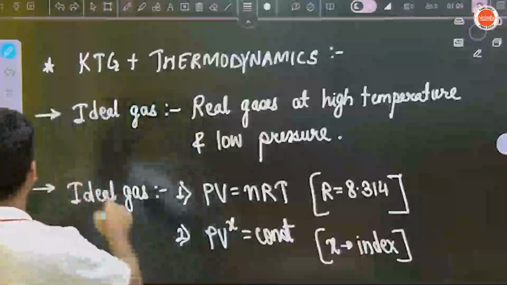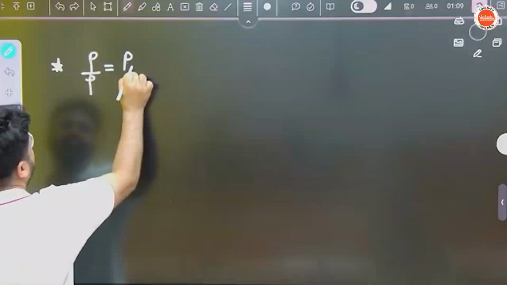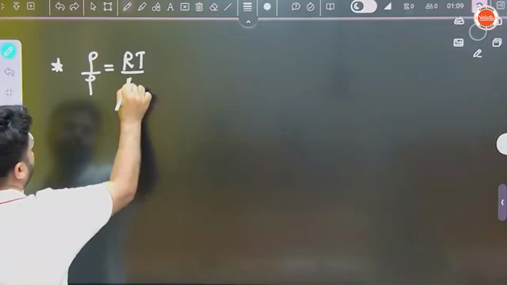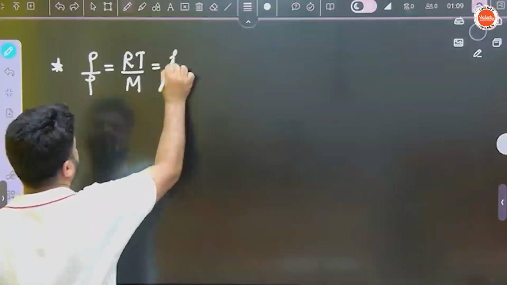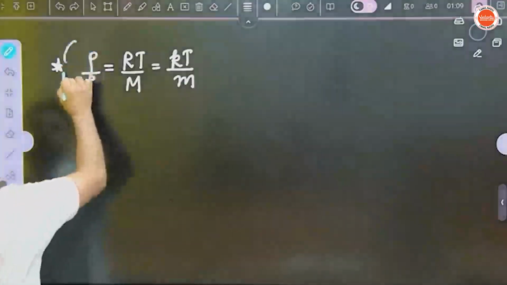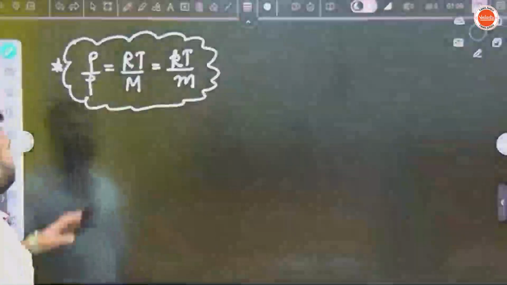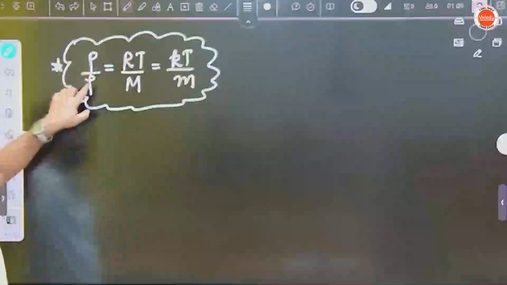Now we have some relations that you need to remember. P by rho equals RT by M equals kT by small m. Very important relation. I am not deriving. P is the pressure of the gas divided by density of the gas.